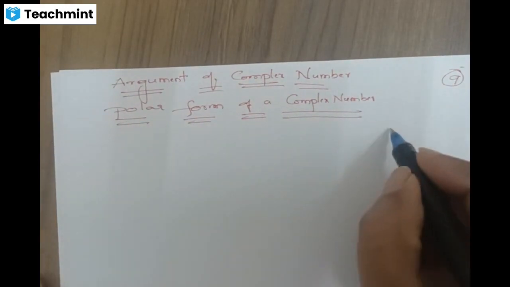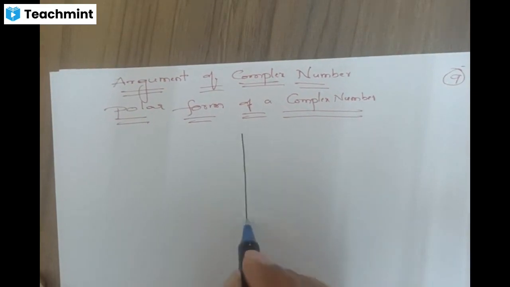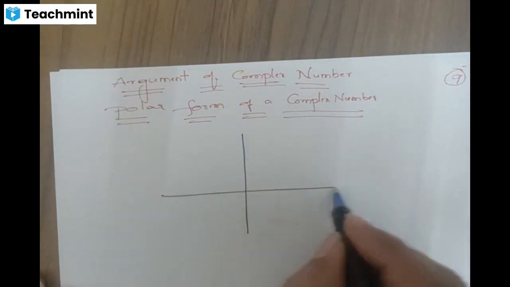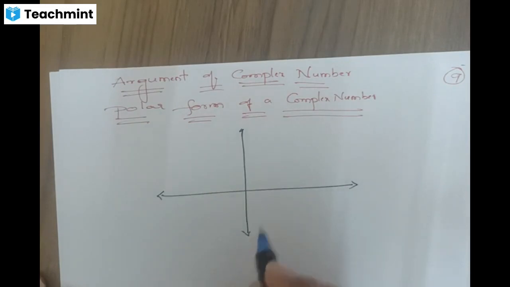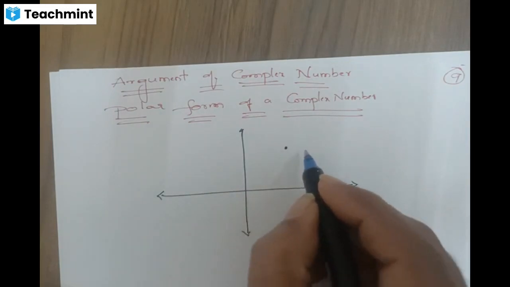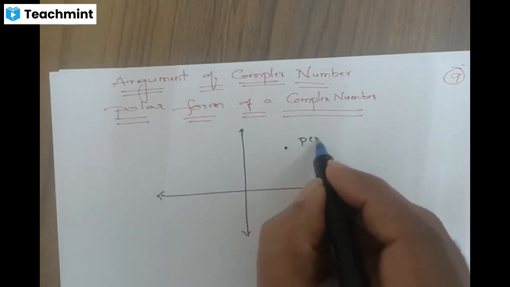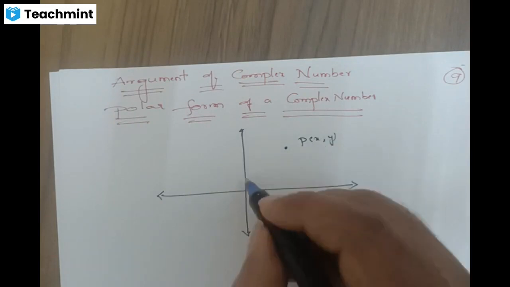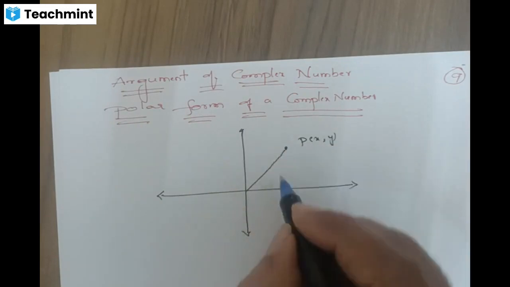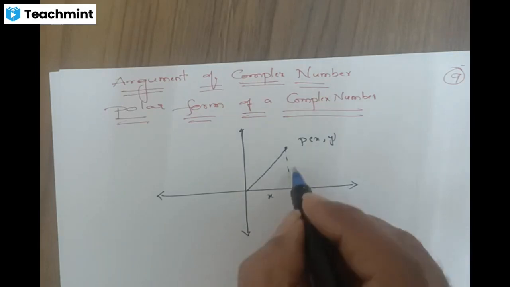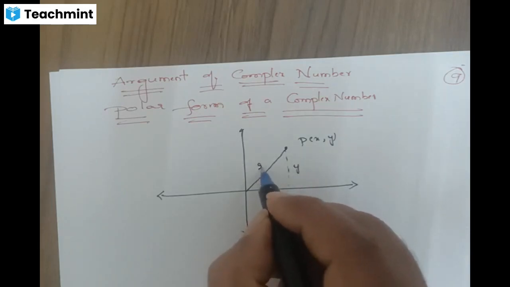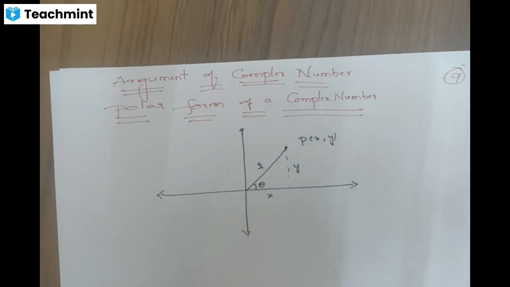We can write this is a coordinate axis. For the complex number, you take any point on the coordinate plane, P of X comma Y. You join it from the origin. So this length is X, this is Y, and this part is R. It makes an angle theta.